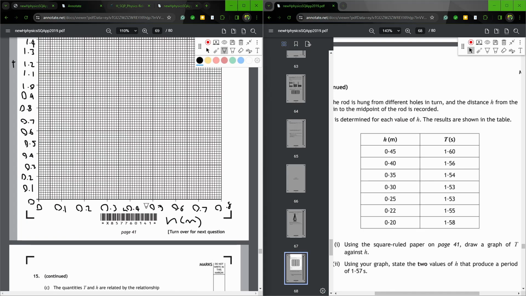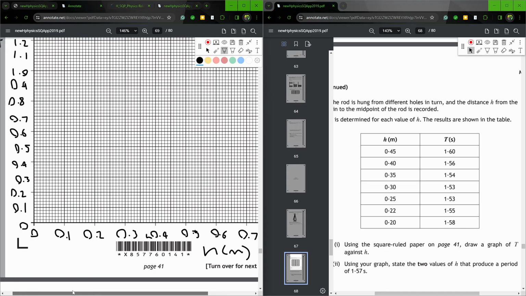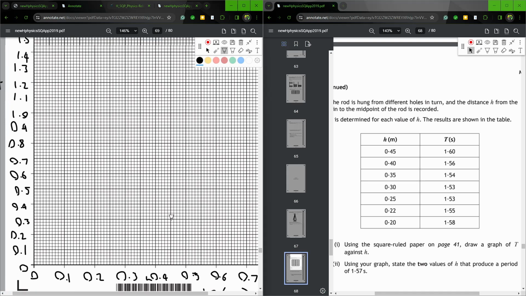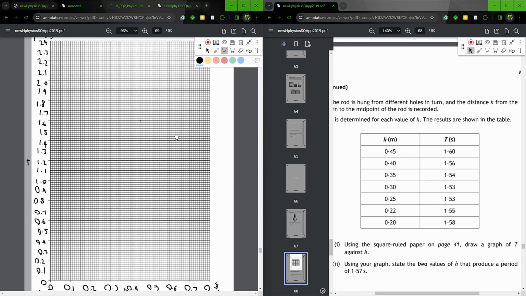So at 0.45, which would be on this line, it goes up, it's 1.6. So we can draw a point there. 1.6 is exactly there. Then 0.4, it's 1.56.